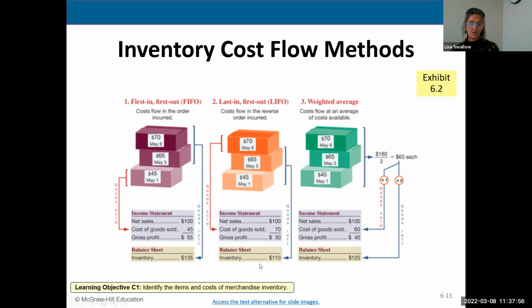The inventory number is going to be in between LIFO and FIFO, and the COGS number is going to be in between. And you can see here, if these are each just 1 unit of purchase, we're going to use a weighted average of $60 per unit sold.